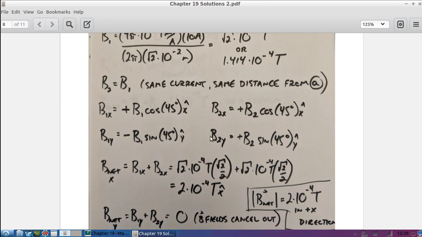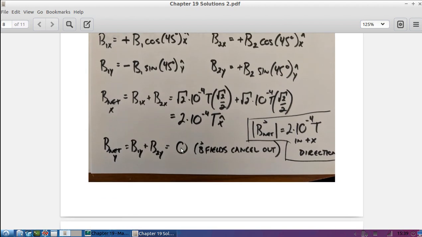So these are actually going to cancel each other out. When I add these two y components together, I'm going to get 0. So the B fields in the y direction are canceling out at point A. So the net magnetic field is just in the x direction at point A. The y components are canceling out, and the x components are adding because they're both in the positive x direction.